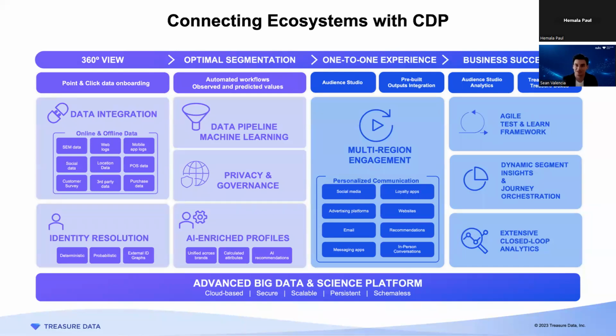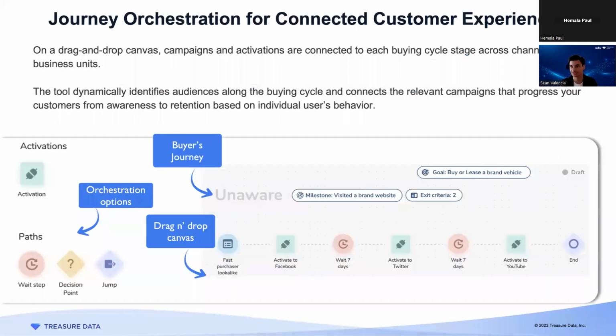If there happen to be some users of Treasure Data in the audience, a couple of our newer features that we've recently launched: we have a customer journey orchestration tool that helps with drag and drop journey planning for omni-channel across multiple different channels or touch points. And it can also adjust to changes in the customer journey.